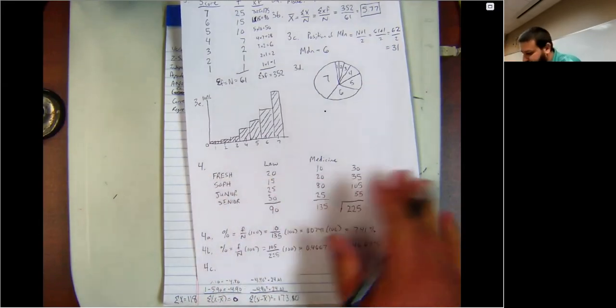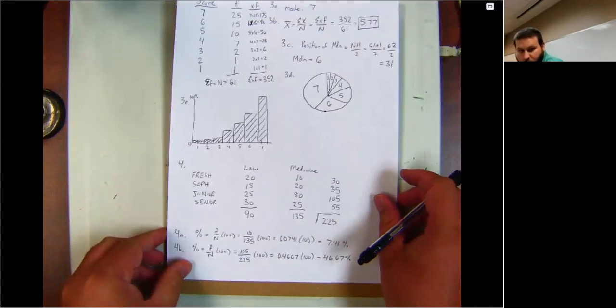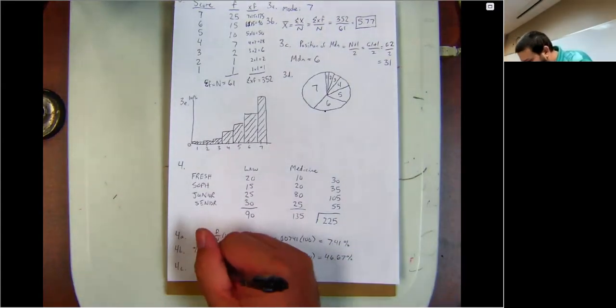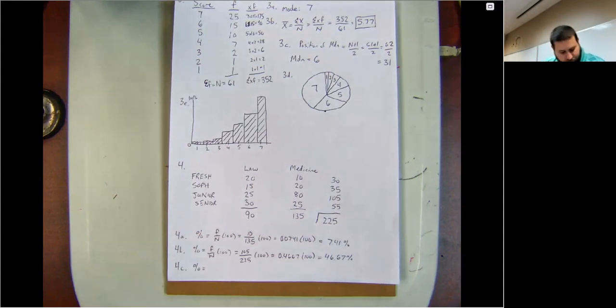And then the last one, 4C, and let me flip this over so we don't get confused on our numbers. What percentage of students who study more than 30 hours per week are law majors? So how many of the students are law majors? What percentage? F over N times 100.